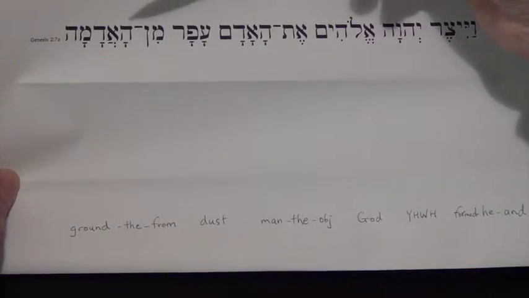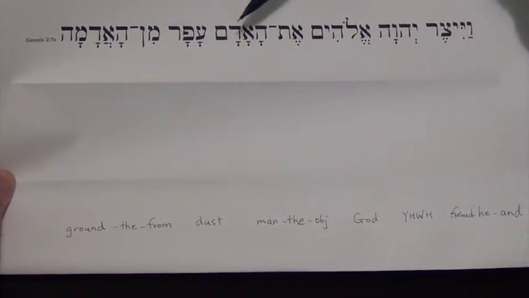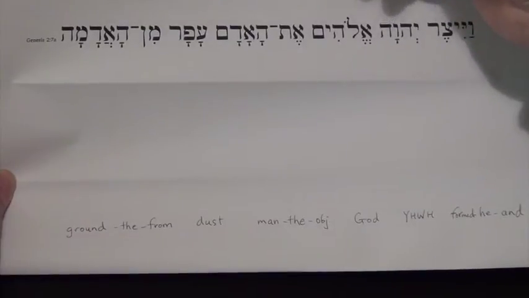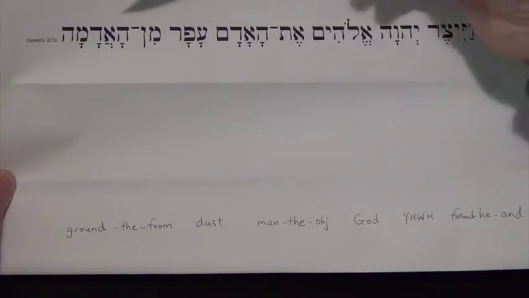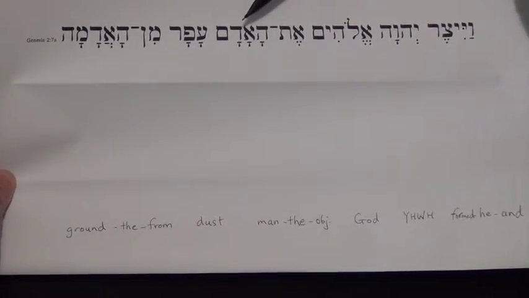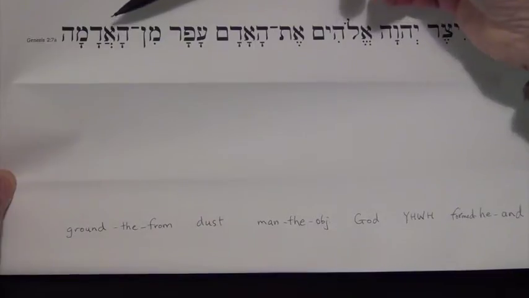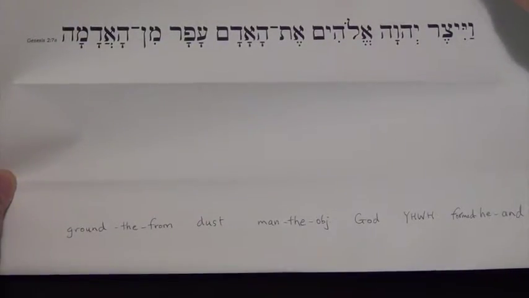By the way, the traditional emphasis in Hebrew is nearly always on the last syllable. So Adam and Adamah. The similarity between these two words is played on several times in this account. And here's the first time we see that the man is formed from the ground. The Adam is formed from the Adamah.